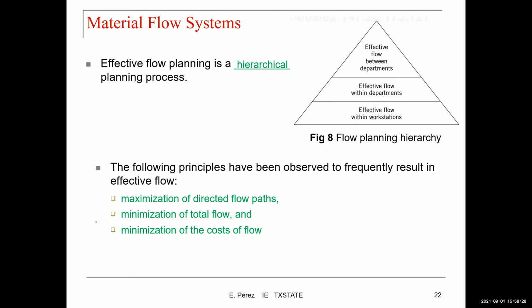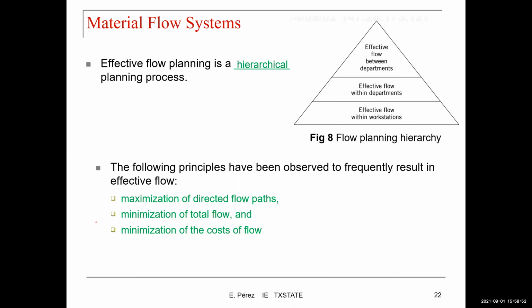We want the maximization of directed flow path, meaning that you have the direction very well established. So if you move from left to right, you keep that flow from left to right. There's no way for you to go from one direction to the other. So we want to maximize that.